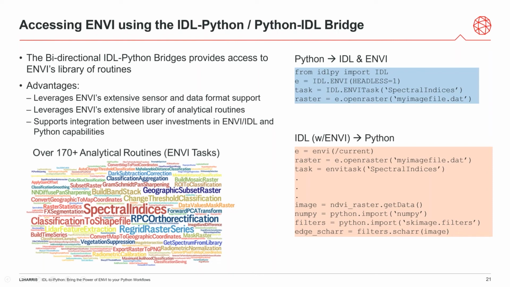And then from an IDL point of view, we start ENVI like this. We could put this as headless, but in this case we already have ENVI running, so we just get the current instance. We open the file just like that, and we get the ENVI tasks, very similar to the line above. And then down here, we did some processing.